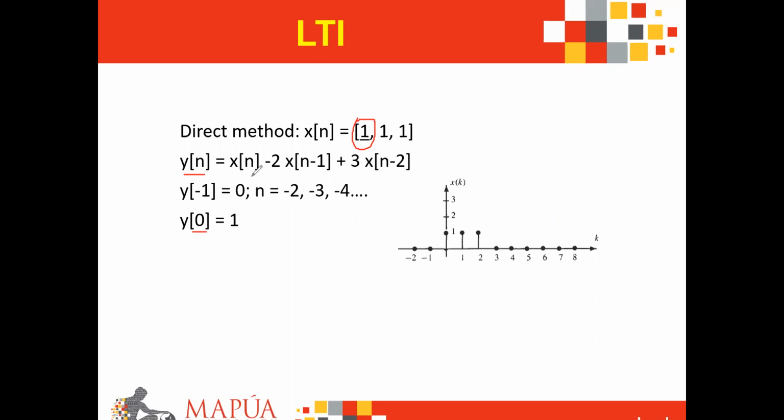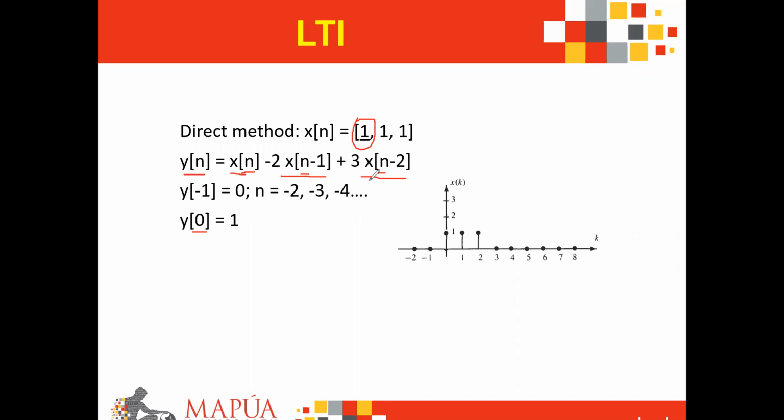If I wanted to evaluate the output y at 0, I will replace all these values of n with 0, determine the signal at these given values of x, and then substitute them onto this linear time invariant system.